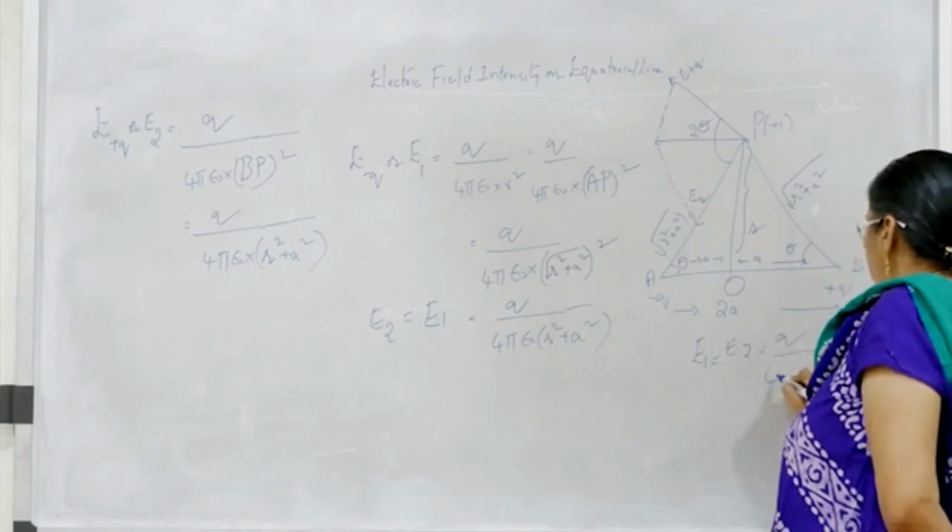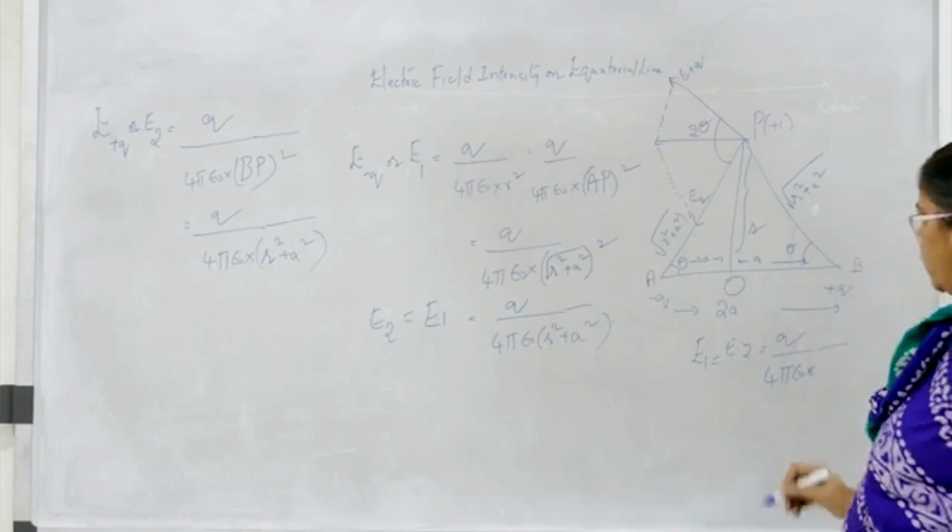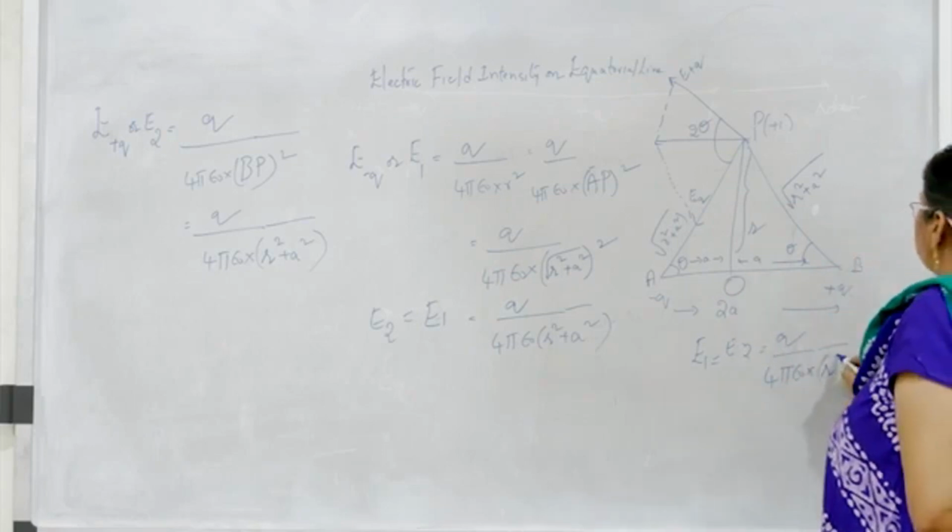I write this formula, q by 4 pi epsilon naught into r square plus a square.